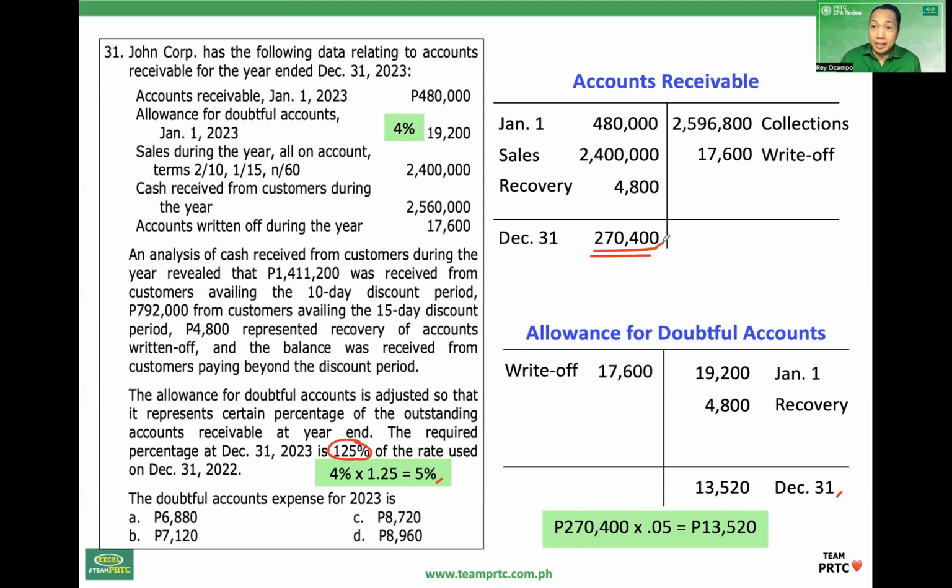As I mentioned earlier, under percent of AR method, expense is computed indirectly. Hindi katulad sa percent of sales, sales times rate, yun na yung expense. So dito, indirectly computed: ending plus the write-off minus beginning minus the recovery. Balancing figure. So that is the doubtful accounts expense.